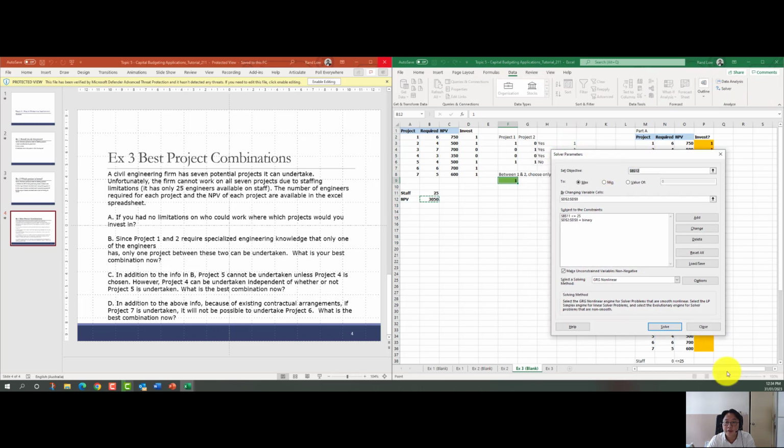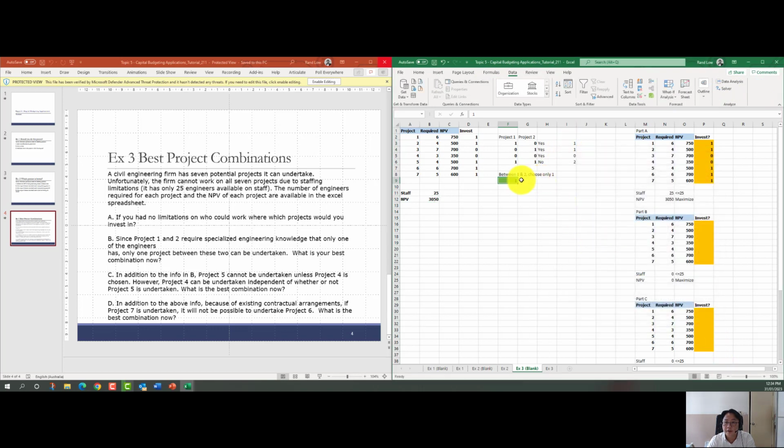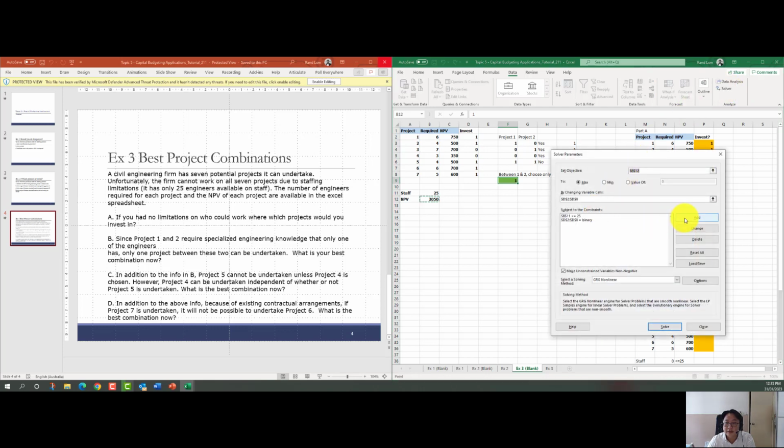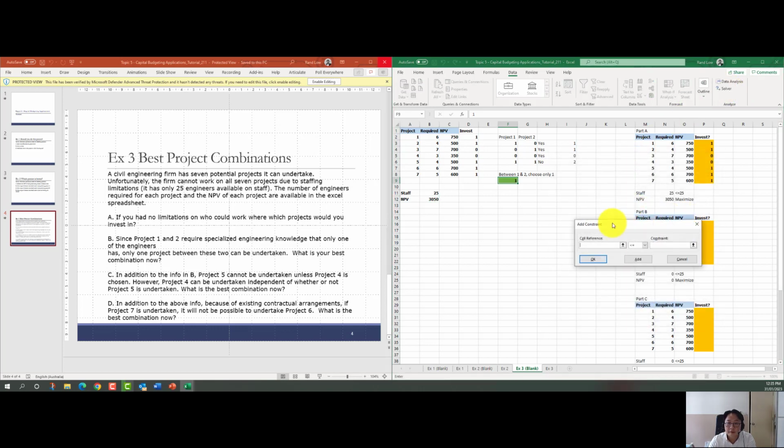Okay, so we add a constraint whereby that plus this must be less than or equal to 1.